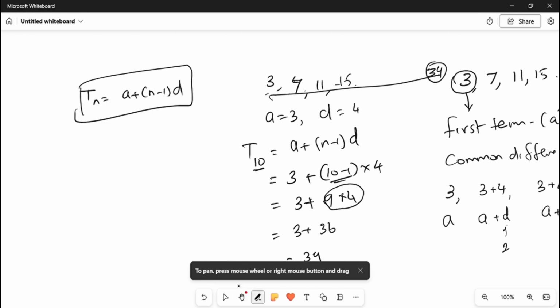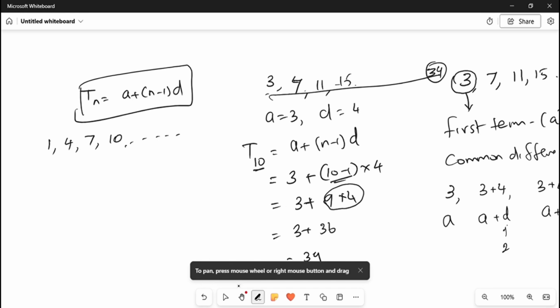Sometimes they will ask you for the position of a term in a number pattern. If you look at 1, 1 and 3 is 4, 4 and 3 is 7, 7 and 3 is 10, it goes like that.